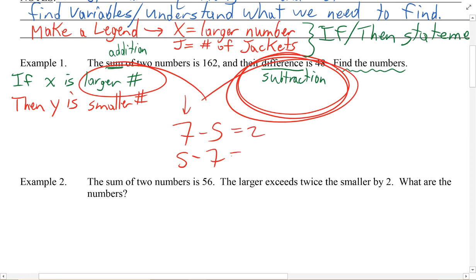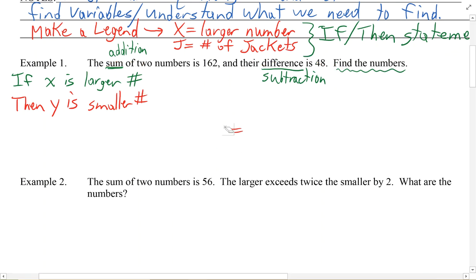What about 5 minus 7? Negative 2. Subtraction is the one where you can make a mistake. It's the only one where you can make a mistake. So with subtraction, what's the key idea that you have to remember? Larger number must be first.